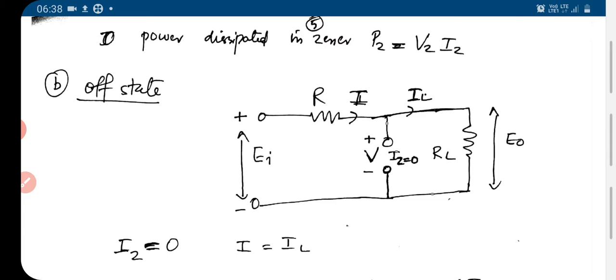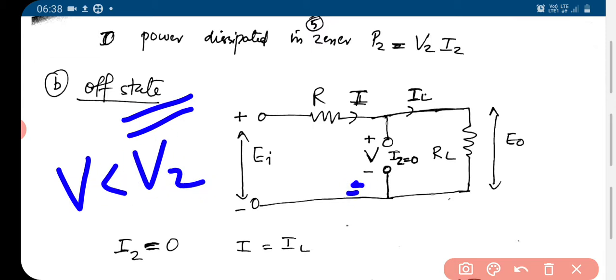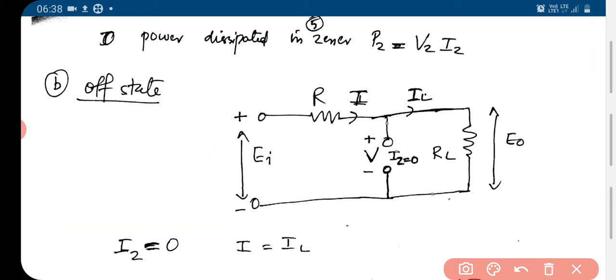Now suppose that the Zener is in the off state. What happens? We know the off state is when the open circuit voltage V that we calculate here is less than Vz. In the off state, the current passing through the Zener, Iz, will be 0, because the Zener will not be conducting current theoretically.